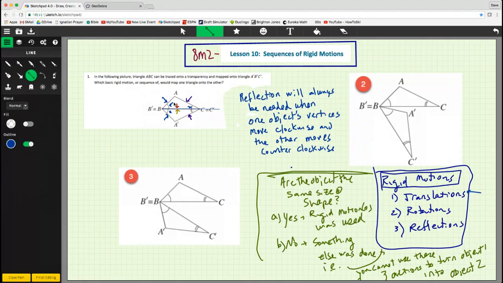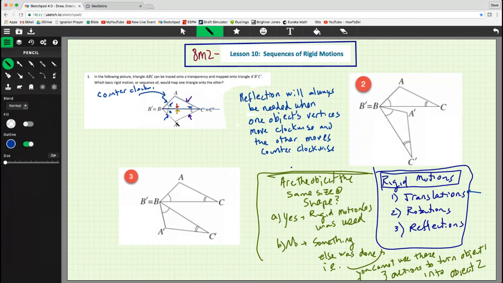Now watch this. If I go A, B, C, I'm moving in a counterclockwise look. This is read counterclockwise, because it goes this way. Now this one moves clockwise.